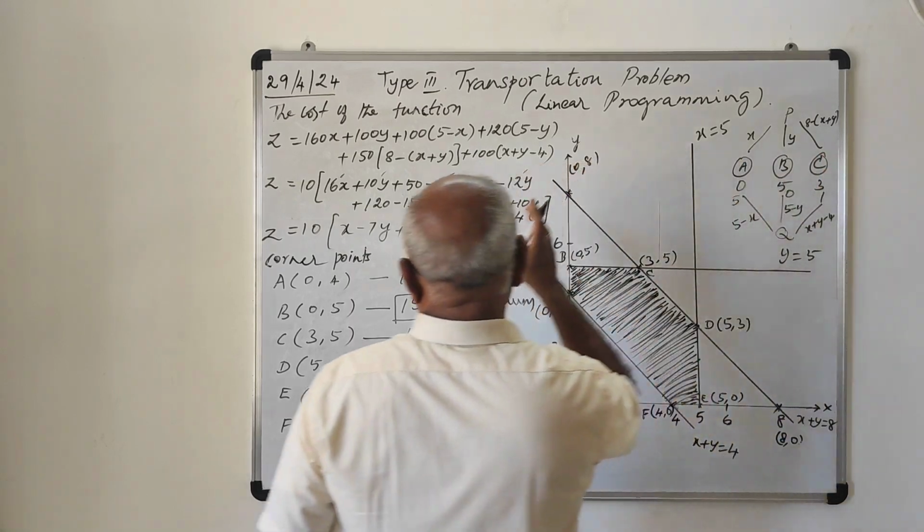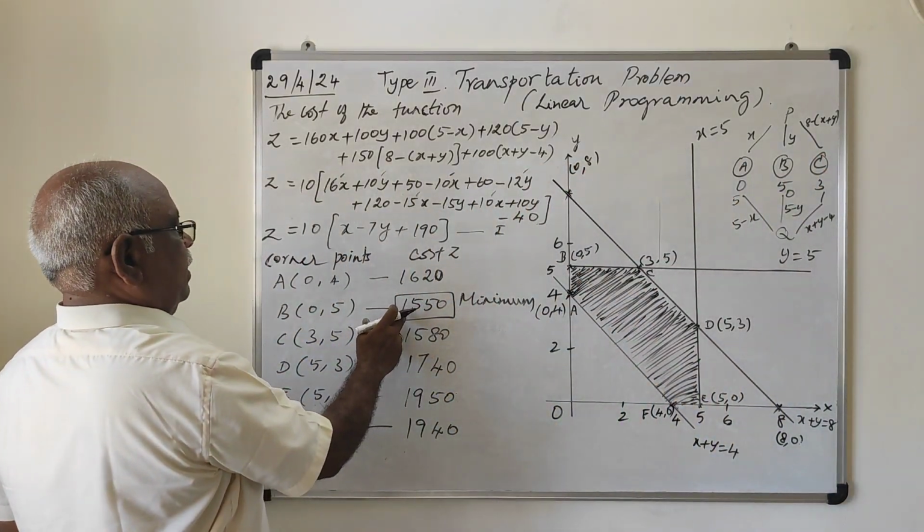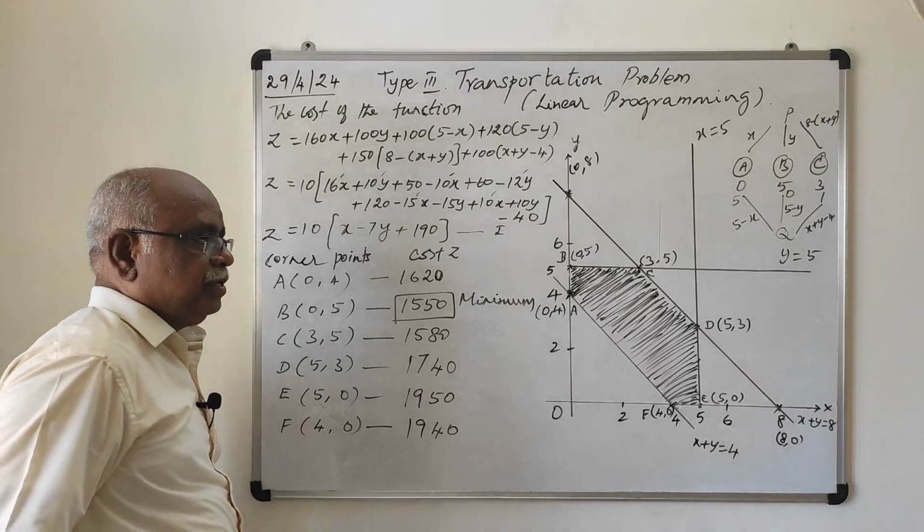Such values give you the minimum cost of transportation, which is 1,550 rupees.